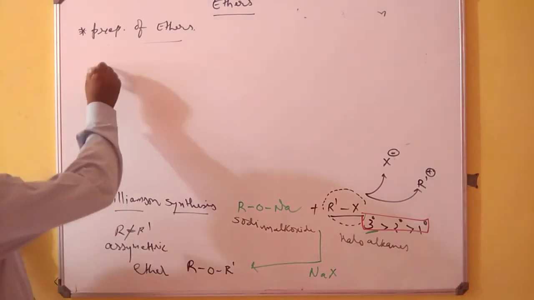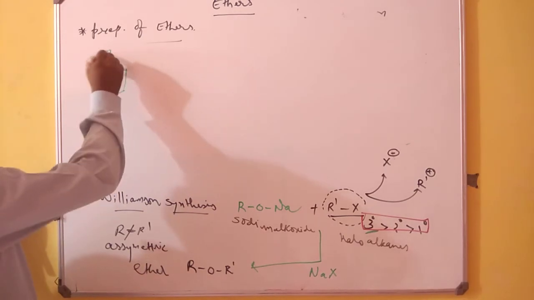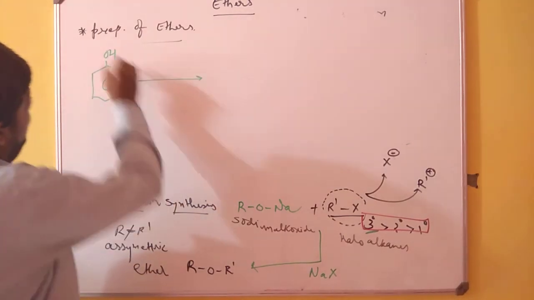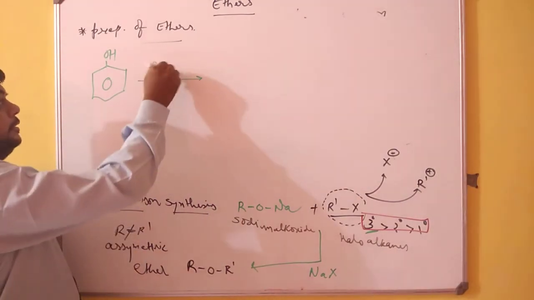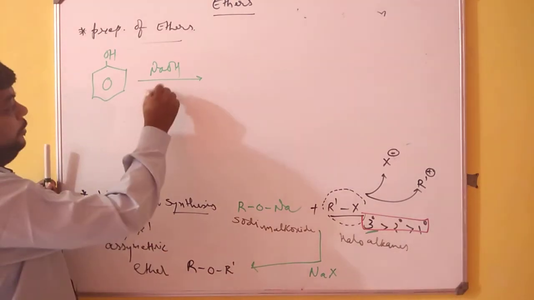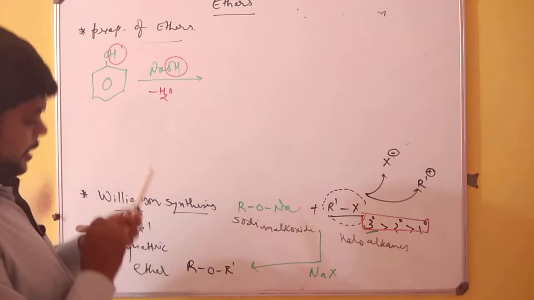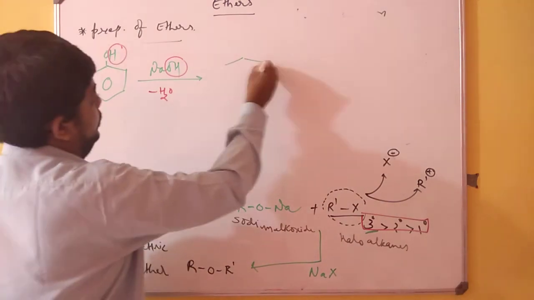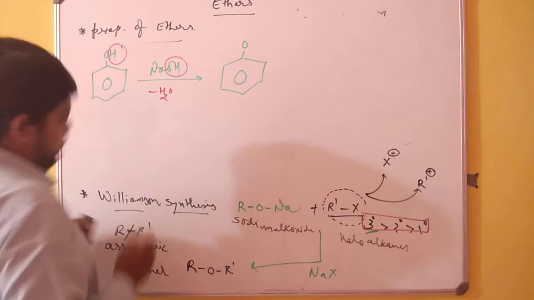So we will start with phenol and we will try to convert phenol into ether. So this phenol in its initial step reacts with sodium hydroxide, removing out water and resulting into sodium phenoxide.